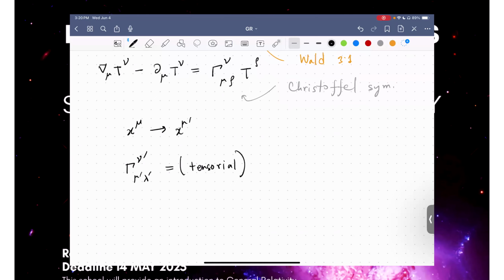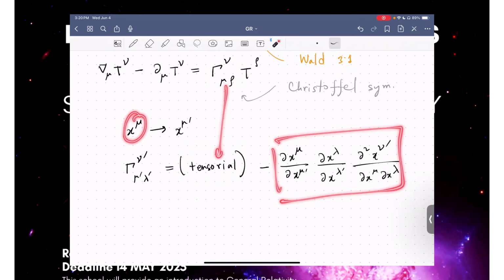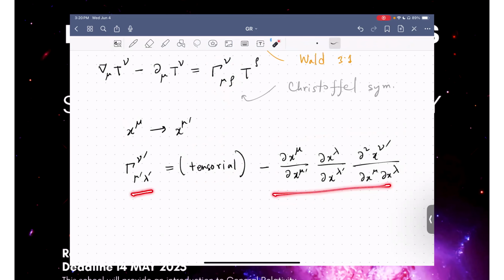I hope that by now you are all familiar with the tensorial transformation rules. And then there's an additional term. So this part involves the original Christoffel symbol in this coordinate system, and then this term which is independent, but this is what makes it not a tensor.